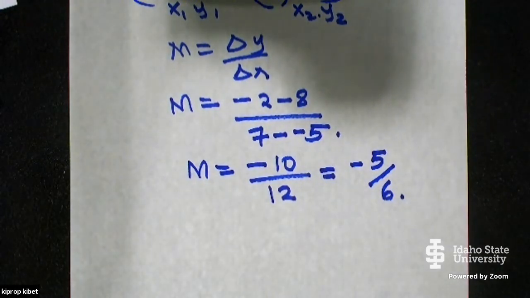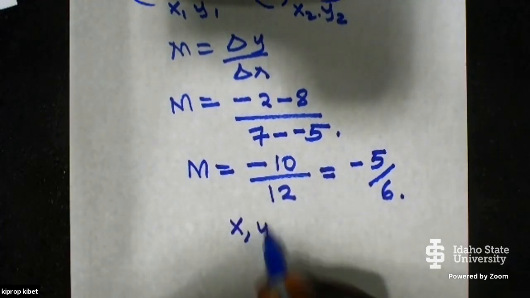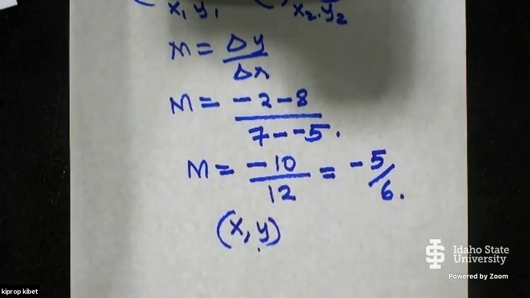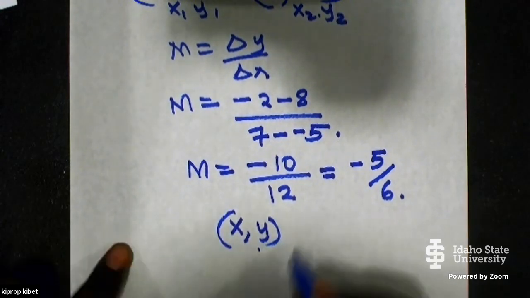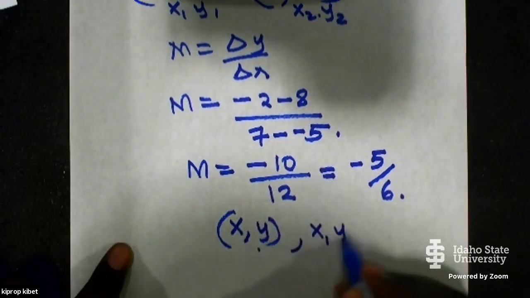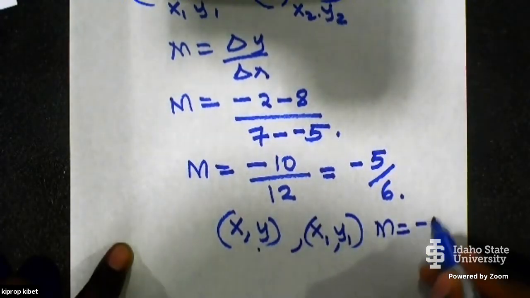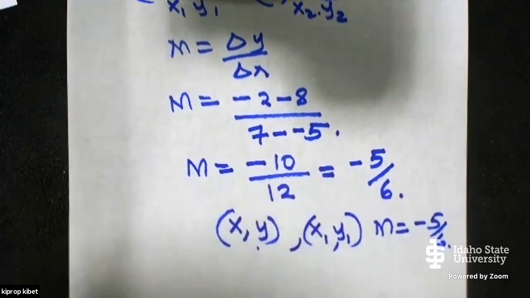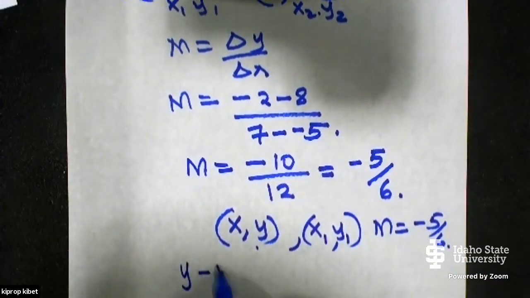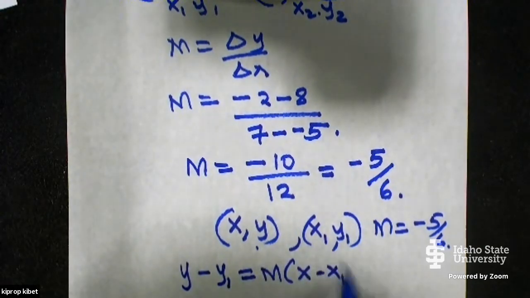Now, to get the equation of the line, we take another point, which is x and y, and take the x1 and y1. And then we definitely have m equals minus 5 over 6. Now use y minus y1 equals m times x minus x1.